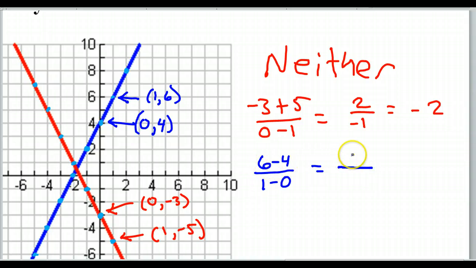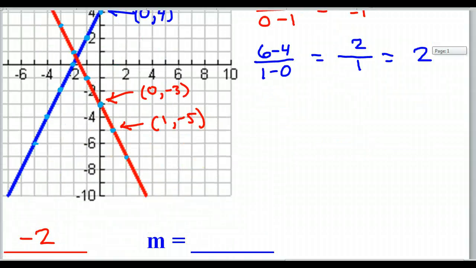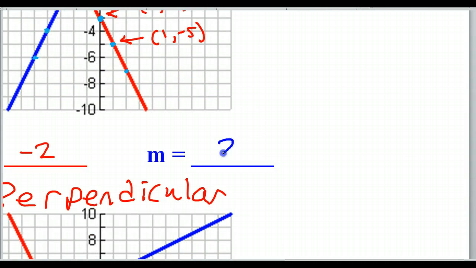So 6 minus 4 is 2, 1 minus 0 is 1, and that's going to give me positive 2. Alright, so I have a slope of positive 2 and negative 2, and we decided that those are neither parallel nor perpendicular. Okay, let's keep going.